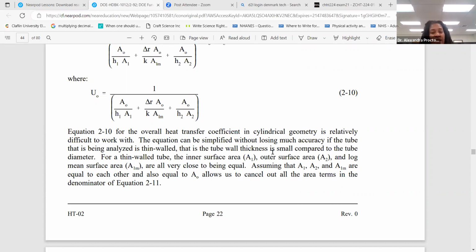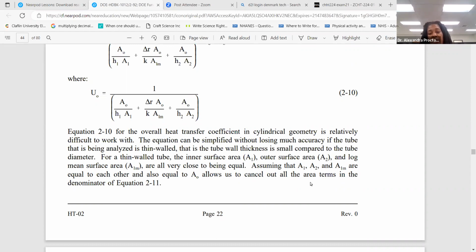So equation 2-10 for the overall heat transfer coefficient in cylindrical geometry is relatively difficult to work with, which I would agree. The equation can be simplified without losing much accuracy if the tube being analyzed is thin-walled, meaning the tube wall thickness is small compared to the tube diameter. For a thin-wall tube, the inner surface area A1, the outer surface area A2, and the log mean surface area A sub LM are very close to being equal.